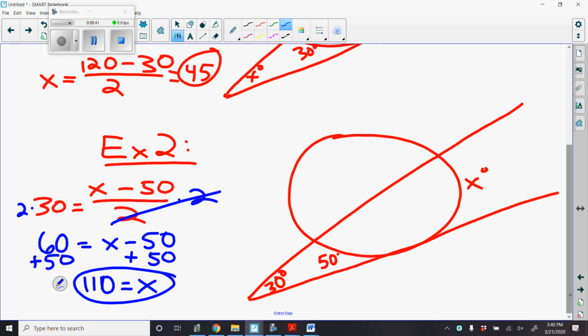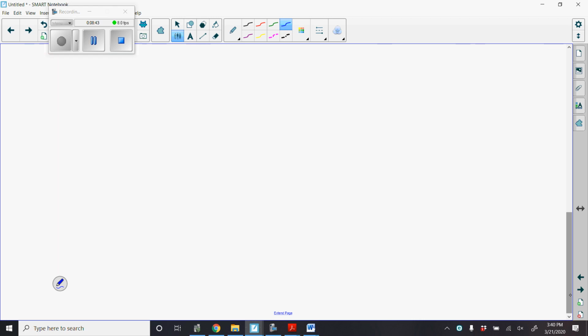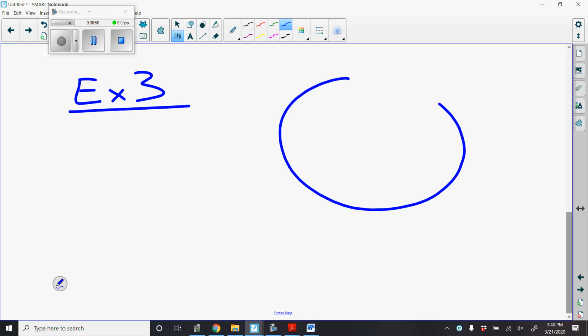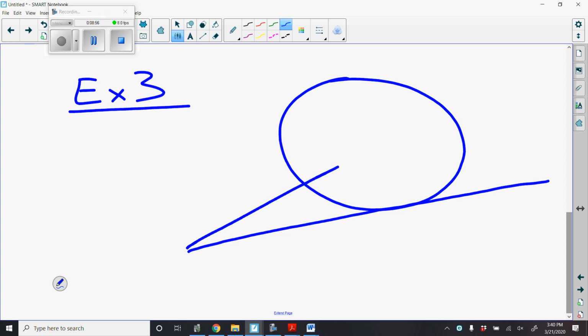All right, last example, and then we'll be done for the week's worth of videos. Here's my tangent, my secant. I'm going to say this one is 15 degrees for that angle. I'm going to say I don't know my little bend.